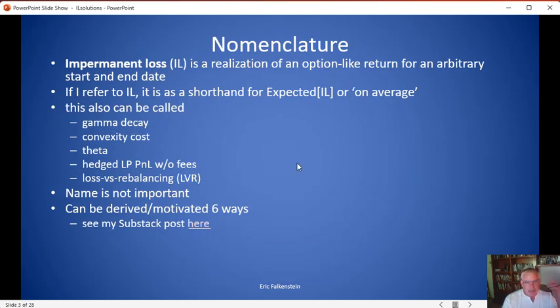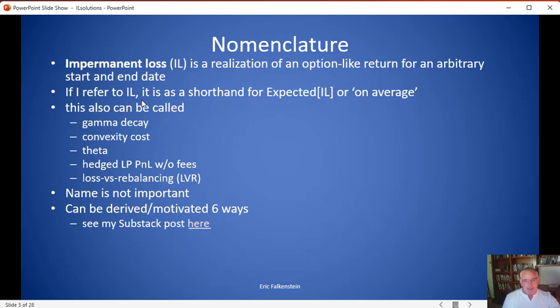First I want to mention, I'm going to use the phrase impermanent loss or IL. If you want to be pedantic about it, IL refers to a particular return for some specified start and end date, starting and ending price. When I mean IL, I mean the expected IL, the average IL, because you can get lucky.